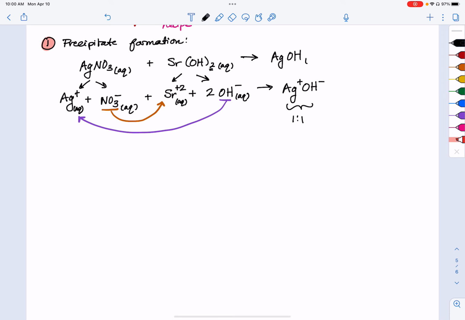I don't know what its phase is yet because I have not figured out, according to my solubility rules, if this thing is soluble. And now let's look at our strontium and nitrate. So strontium has a +2 charge and nitrate has a -1 charge, meaning we need 2 nitrates in order for this to come together with strontium to form a charge-neutral compound. So the ratio is 1-to-2, cation to anion.